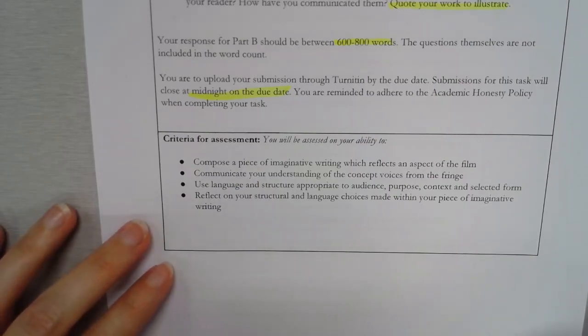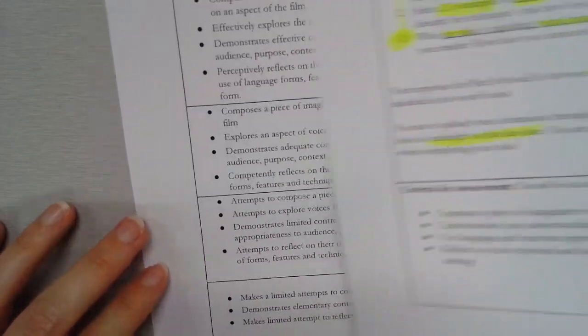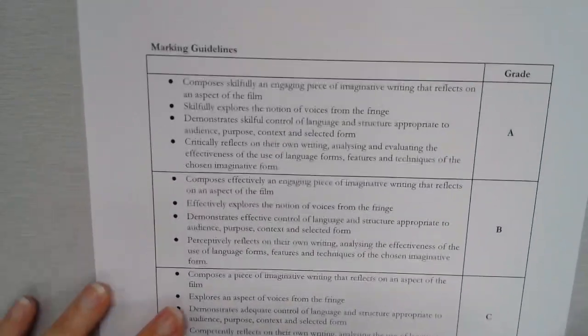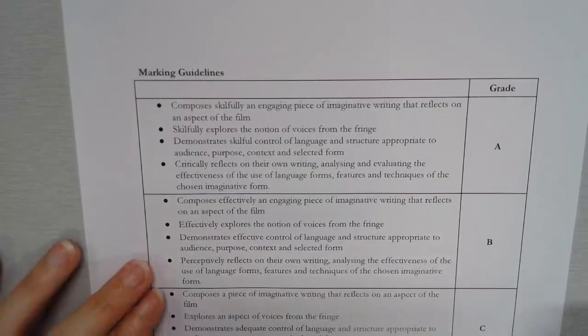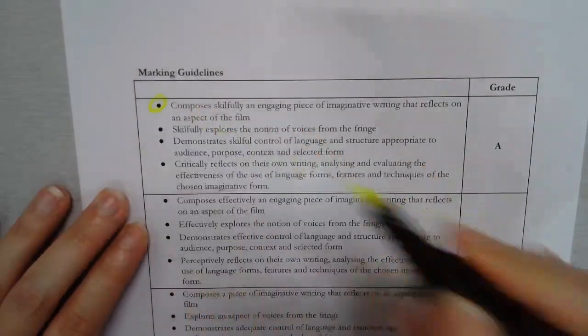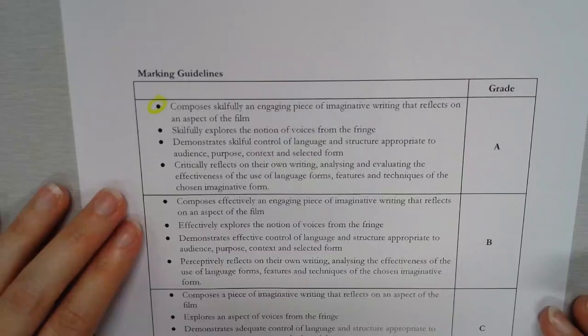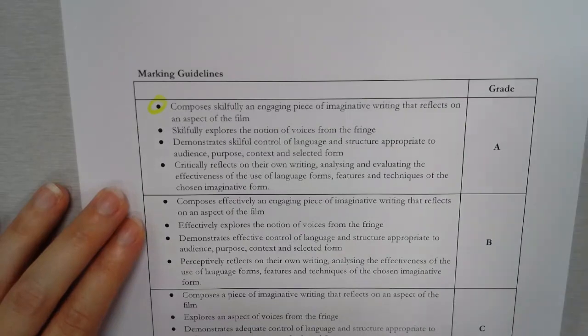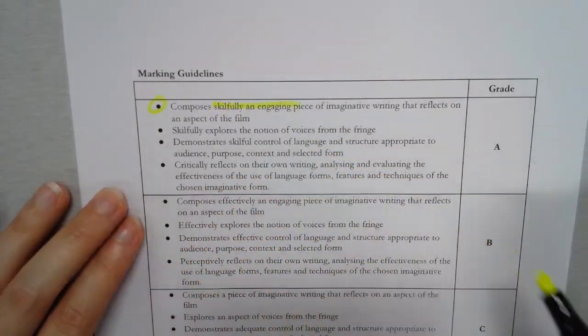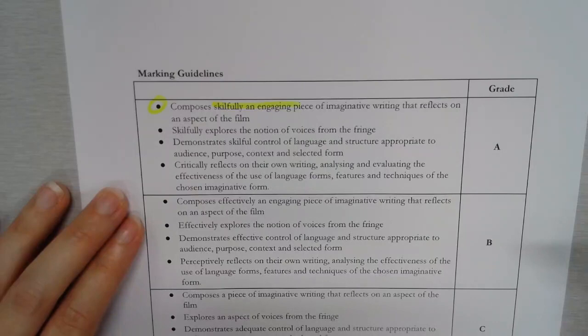Okay, so going through the marking criteria, I'll go through that A range up the top. The first thing that the markers will be looking for is your ability to compose an engaging piece of imaginative writing that reflects an aspect of the film. In order for that to be a skillful and engaging piece, you'll need to really work on developing that sense of character, that sense of voice, and being able to really identify that reflection of that character and the way in which they've changed throughout the film.